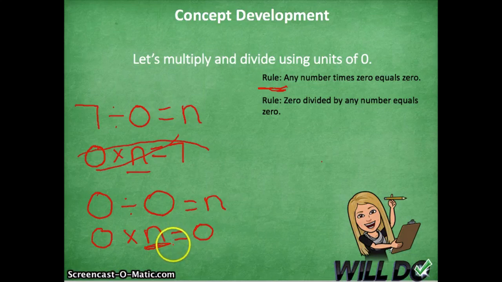The value of n can be any number, because when you multiply any number times 0, it always equals 0. So n could be, let's see, what would be some numbers that n could be? Take a look.